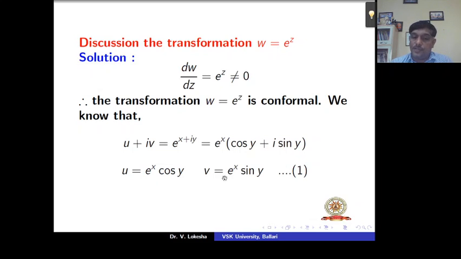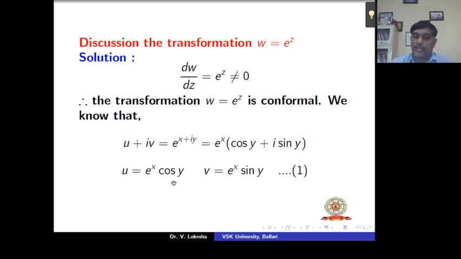Here u is in terms of x and y, and v is also in terms of x and y. First, if possible, we can express x and y in terms of u and v. If you divide these two, v by u, then e power x cancels and you get tan y. Then y is equal to tan inverse of v by u.